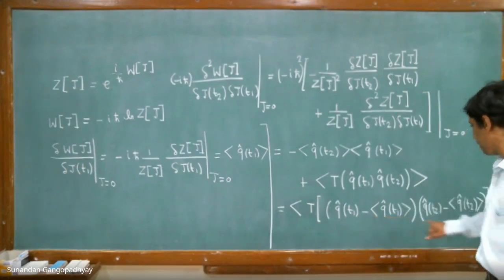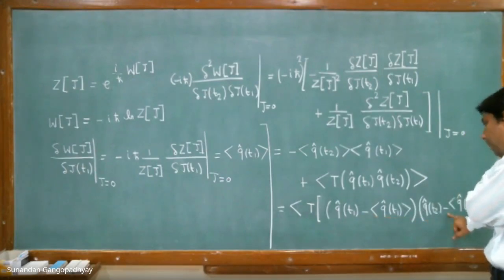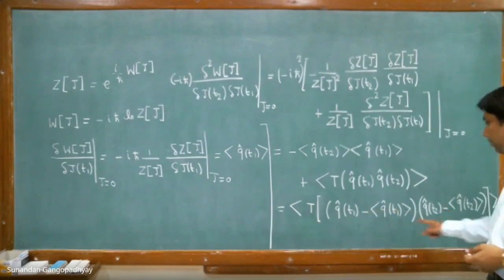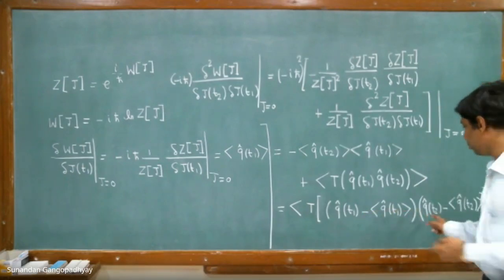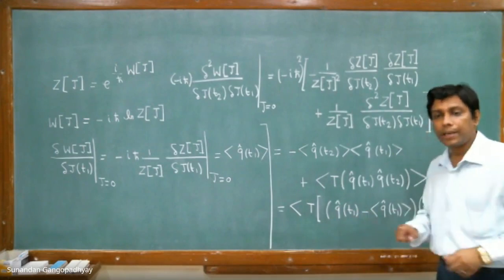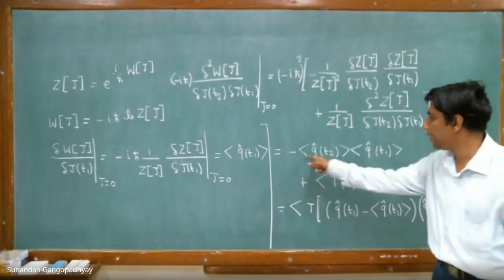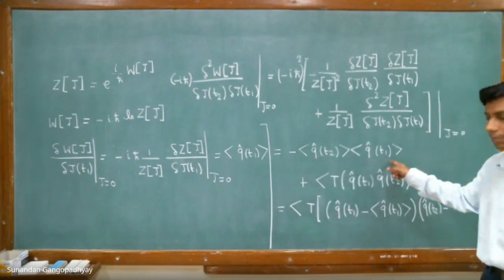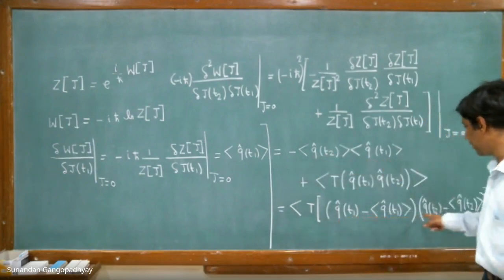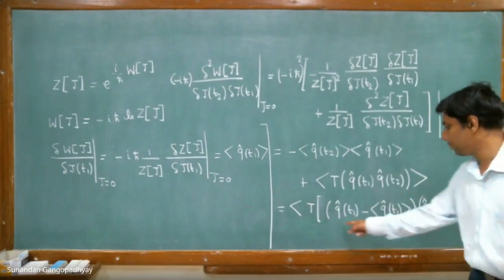So this will come with a plus, this and this will come with a plus, but these two things will come with a minus. So you will get a minus 2 of that thing. So that minus and this plus will cancel, and you will get this term back. And you obviously have this term from the first term here.